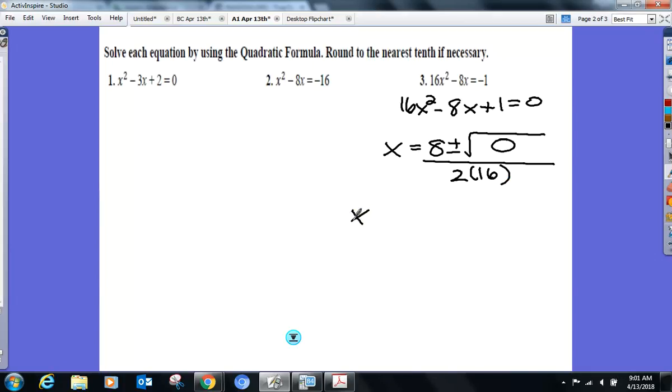All right, so get 2 answers going. x equals 8 plus the square root of 0 over, what's that, 32? And then x equals 8 minus the square root of 0 over 32. And watch what happens here.